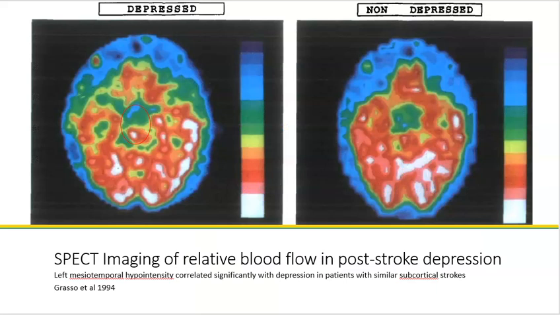So now this is a SPECT image. That's the second imaging type I was talking about. Again, this one's looking at blood flow. On the left, you have a depressed patient. On the right, you have a non-depressed patient.